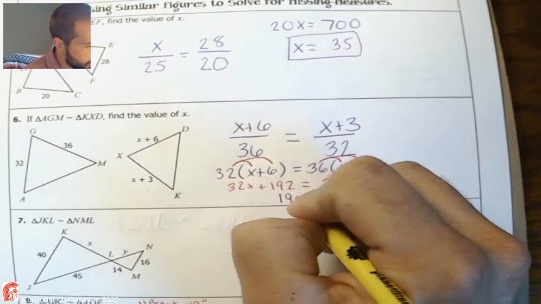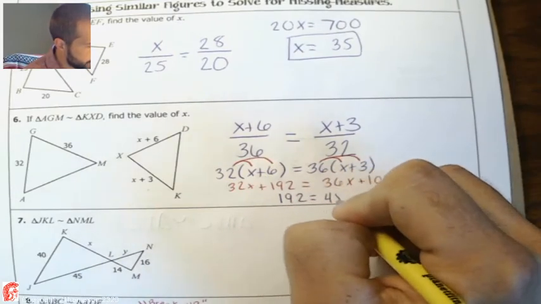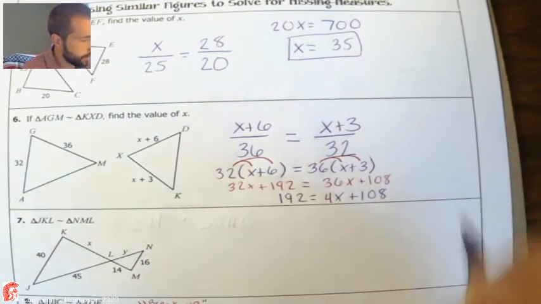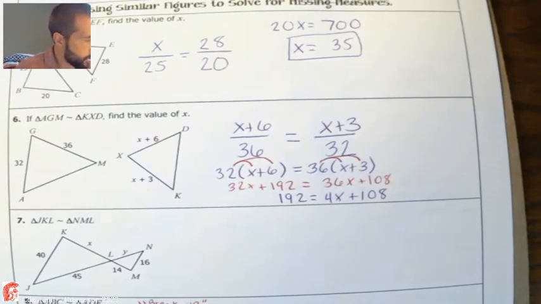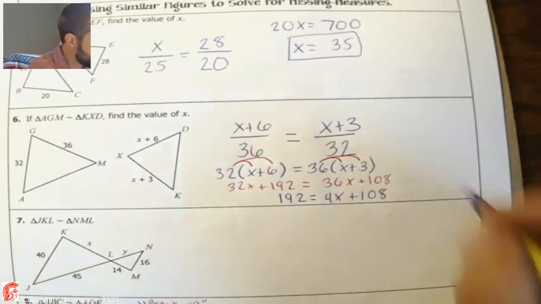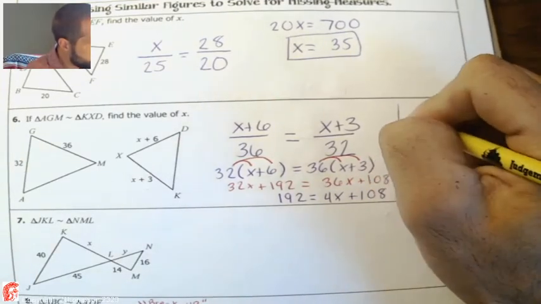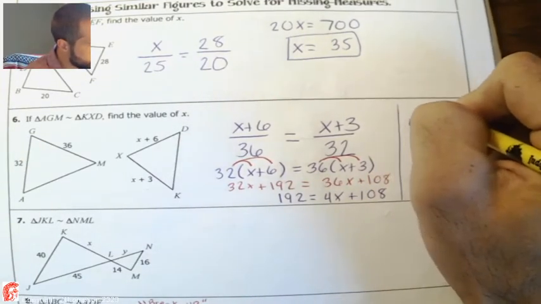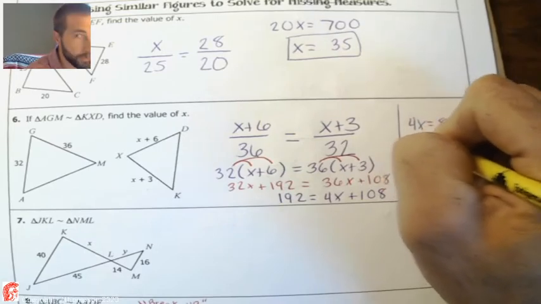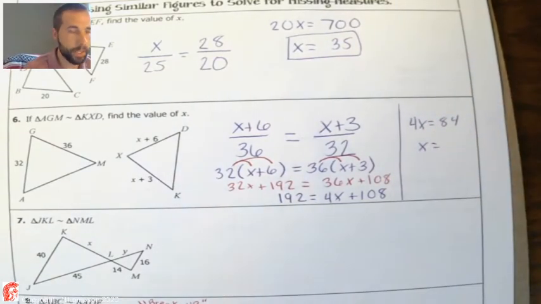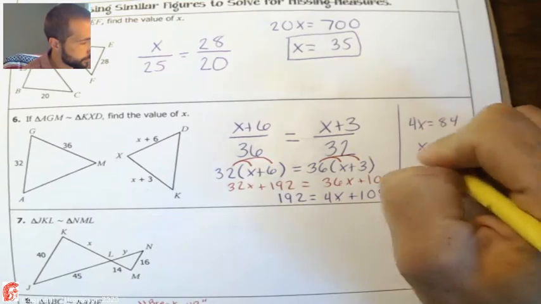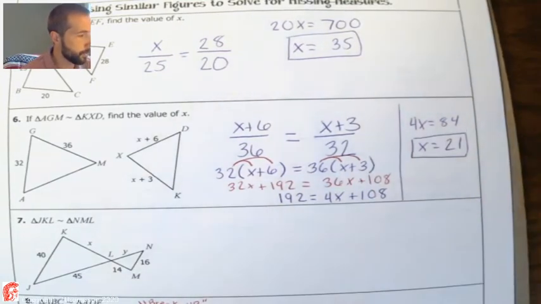And when I do that, I get 192 equals 4x plus 108. Now to solve this one, I subtract 192 minus 108, and I get 84. So we get 4x equals 84. Then I divide both sides by 4, and I get 21. So x is 21.